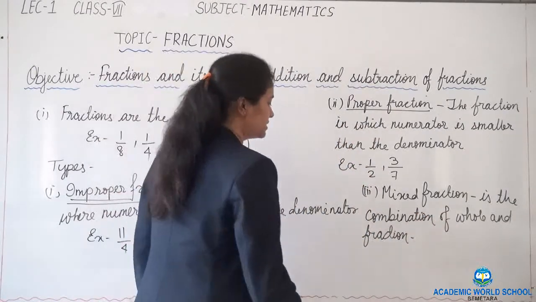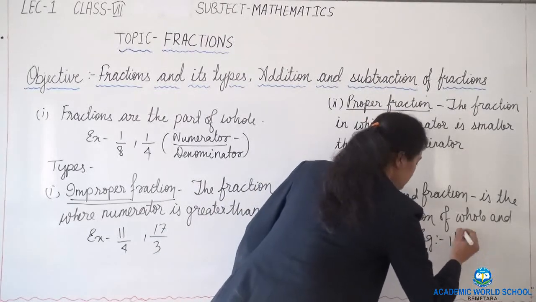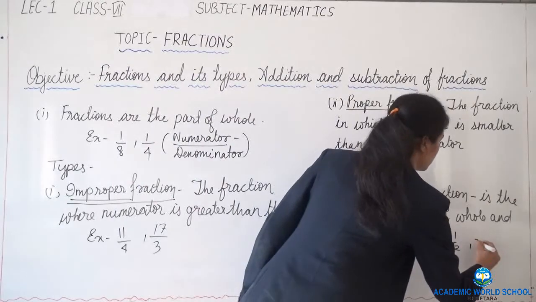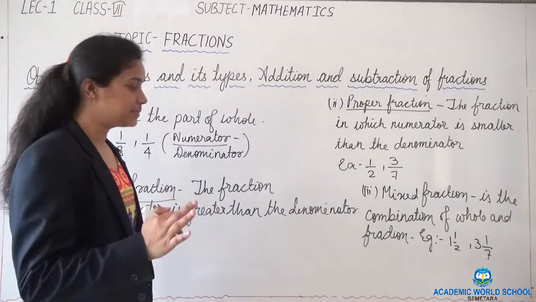What can be the examples? 1 by 2. So here 1 is whole and half is a fraction. 3 1 by 7. So till now we learned 3 types of fractions.